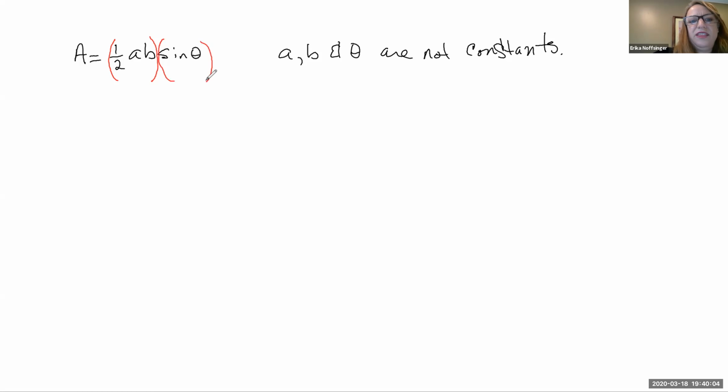And so within the outer, we're going to need the product rule, right? But when we're looking at the derivative of 1/2 AB, again, we're going to need to use product rule.